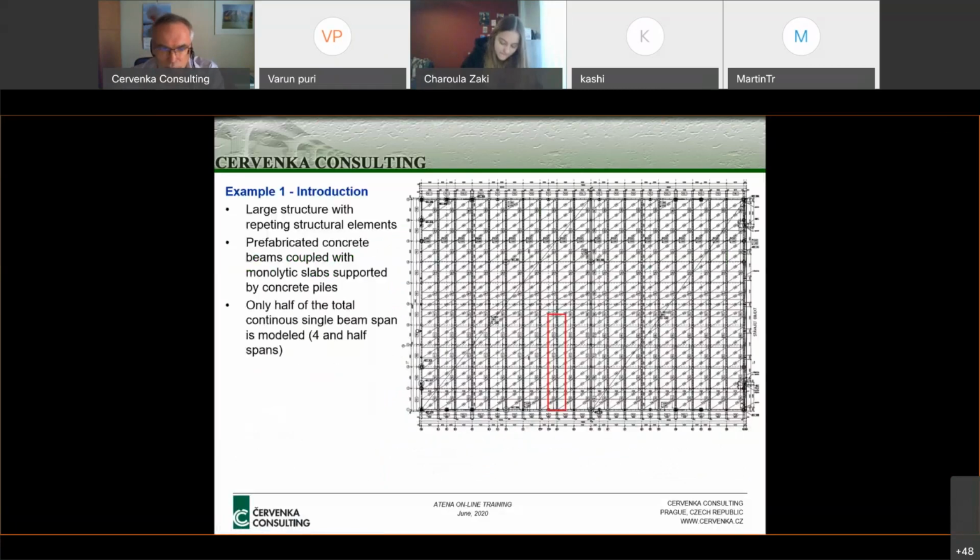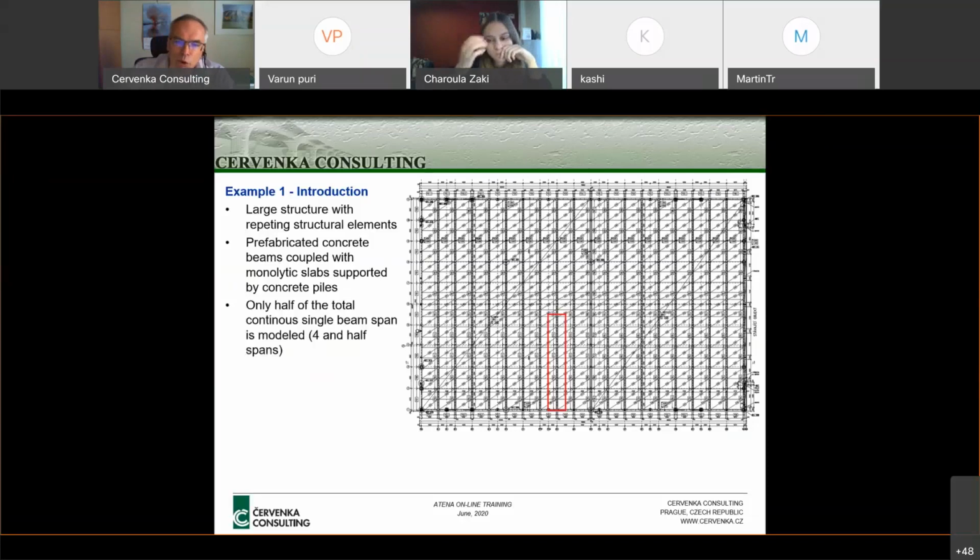So I will use a relatively simple case, which we were actually working on recently in one of our consulting projects. The problem there was this kind of slab, a slab which is supported by continuous beams.